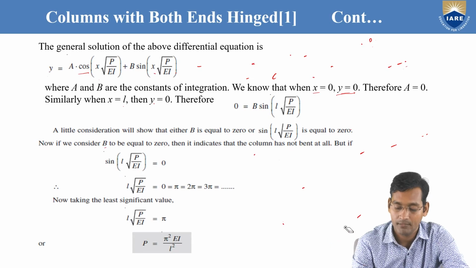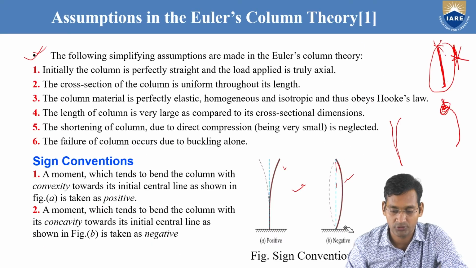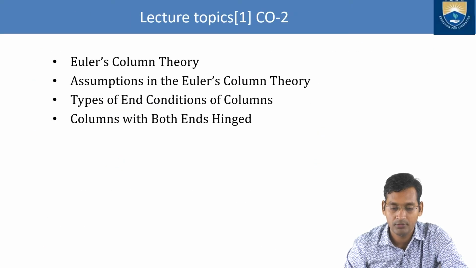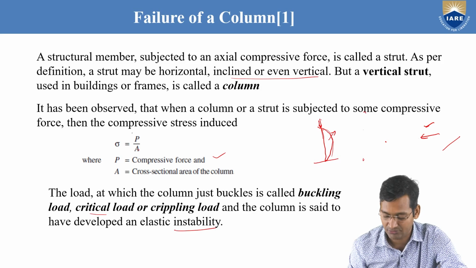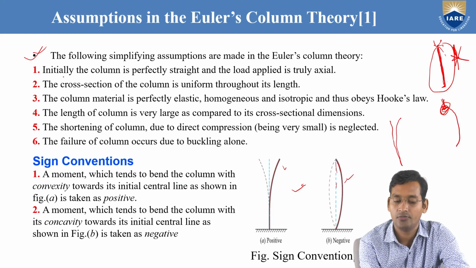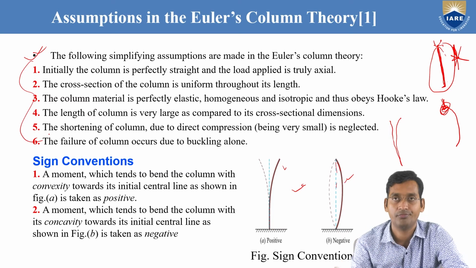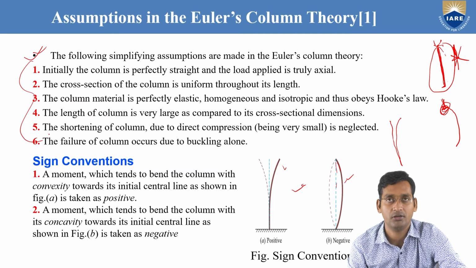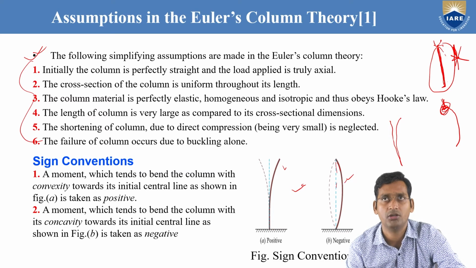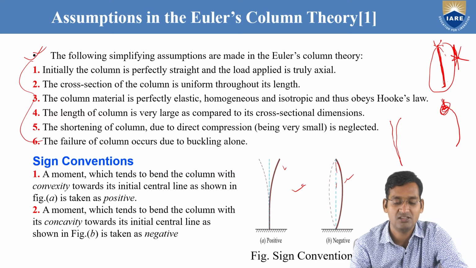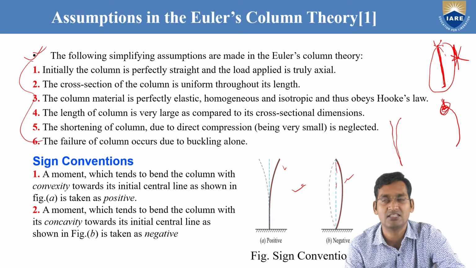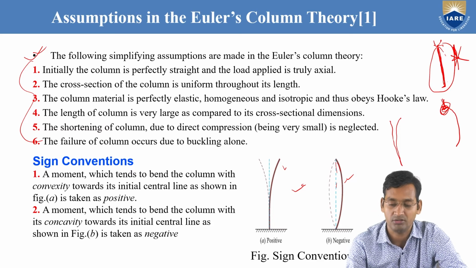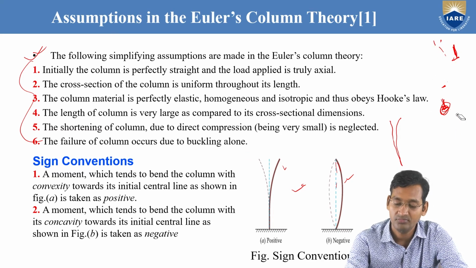Okay. So I am once again recalling this whole thing, right? This is just a statement or just assumptions. These assumptions are there before the derivation of Euler's theory, or Euler's column theory. These derivations they made just for simplifying the numerical questions.